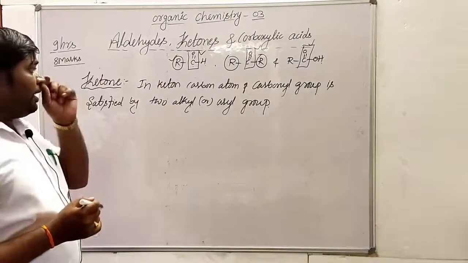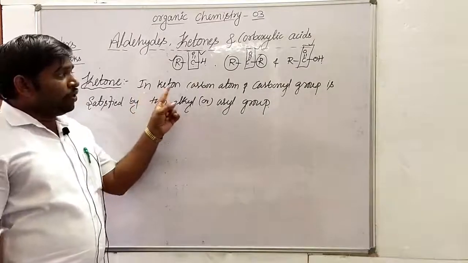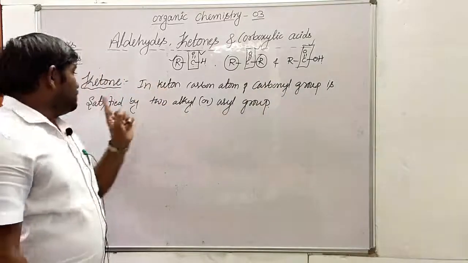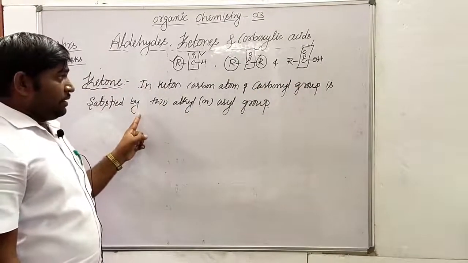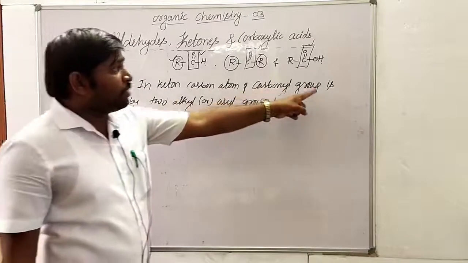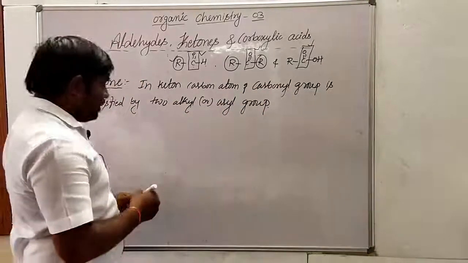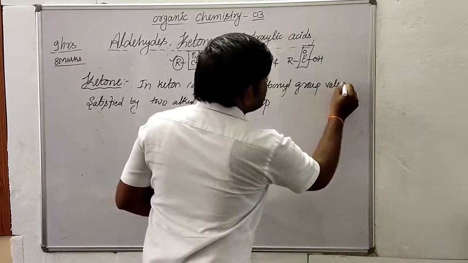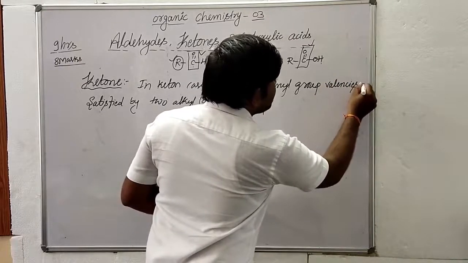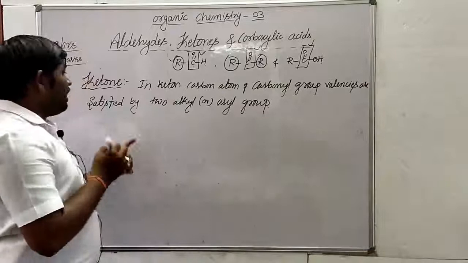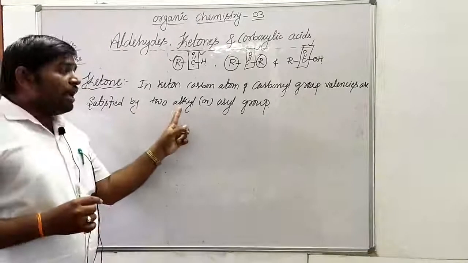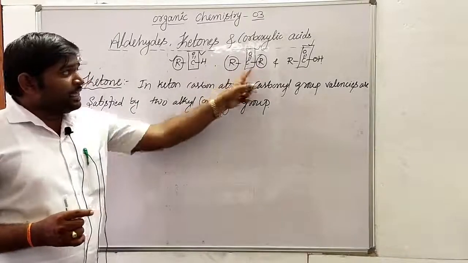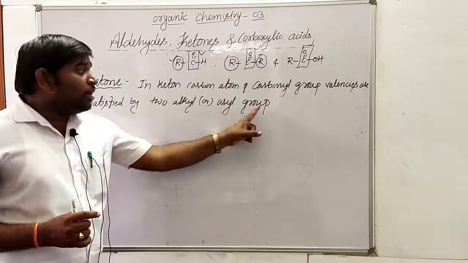So in a ketone, the valencies of the carbon atom of the carbonyl group are satisfied by either two alkyl groups, or by two aryl groups.